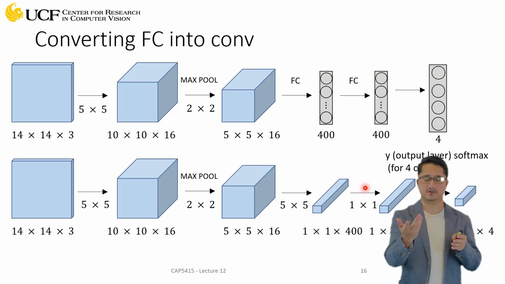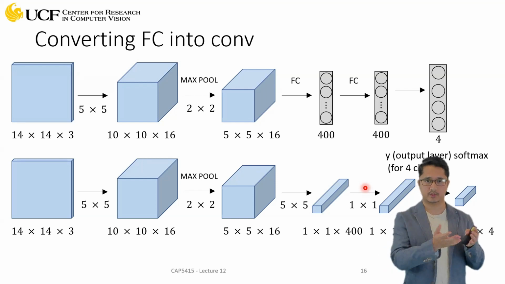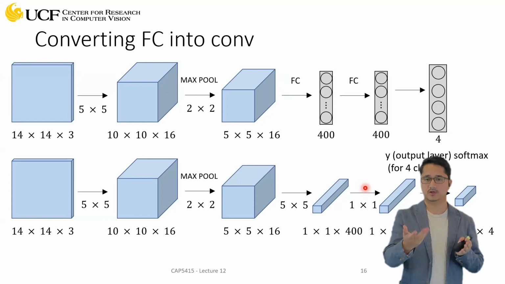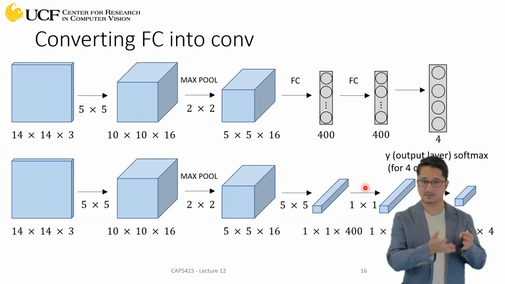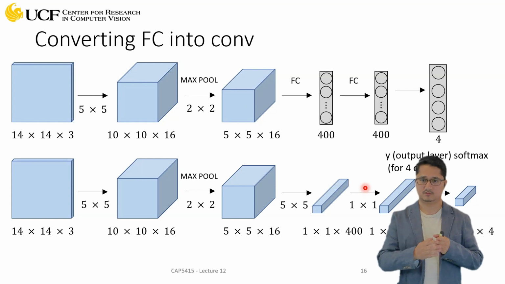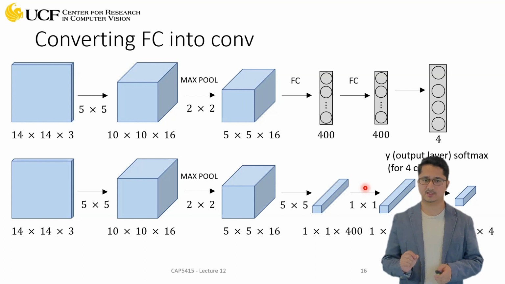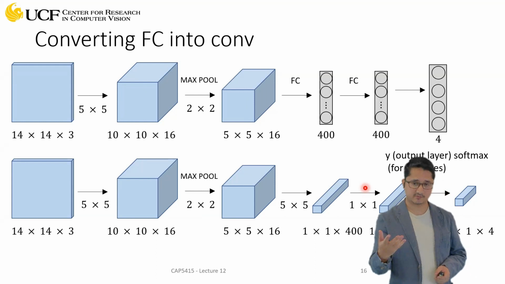And if you are doing autoencoding, you will be able to do autoencoding on the bigger image as well. If you are doing colorization, you will be able to colorize the bigger image as well.